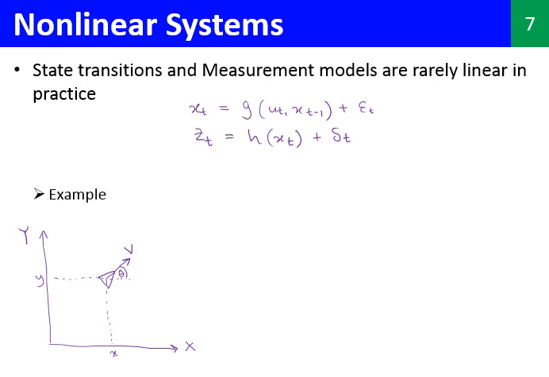Assuming you have finished, we can write the discrete state transition as x_t, so this is the x component, is equal to its previous location plus, now the velocity in the x direction is v cos theta_{t-1}, okay, times the time step dt, right?